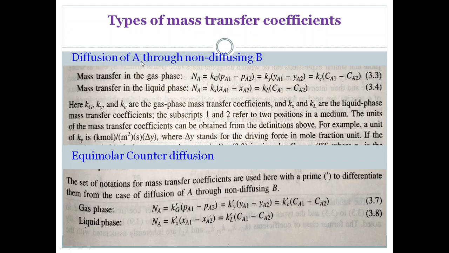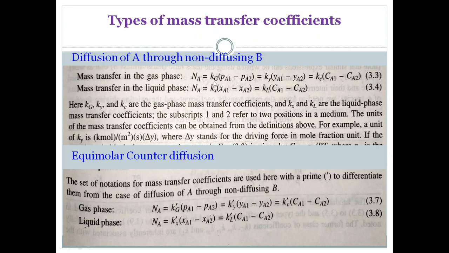So in case of diffusion of A through non-diffusing B, there are 5 mass transfer coefficients according to their driving force and whether the mass transfer is happening in gas phase or liquid phase. Okay, so here kG, ky, kc are the gas phase mass transfer coefficients, kx and kL are the liquid phase mass transfer coefficients. Okay.